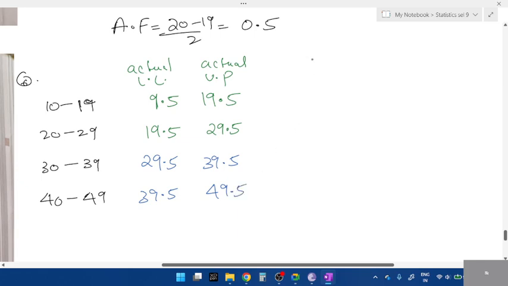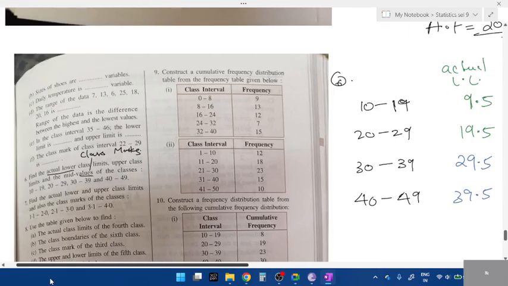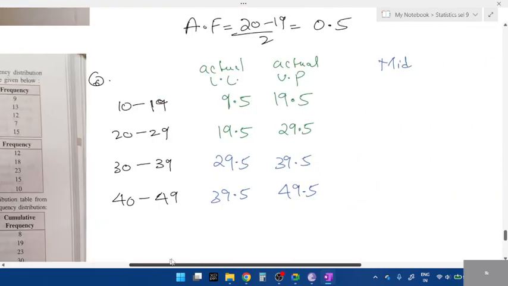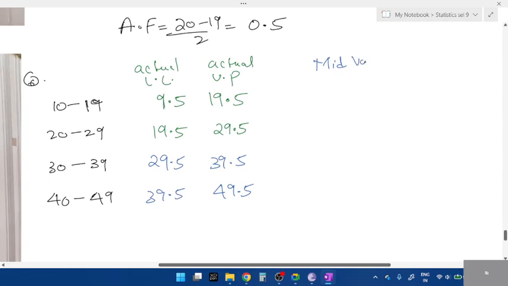Next, what do you need to find? Actual upper limit, lower limit, then mid value, right? Mid values. Now, without using the class marks formula, is it possible to find them? Can you just try directly?